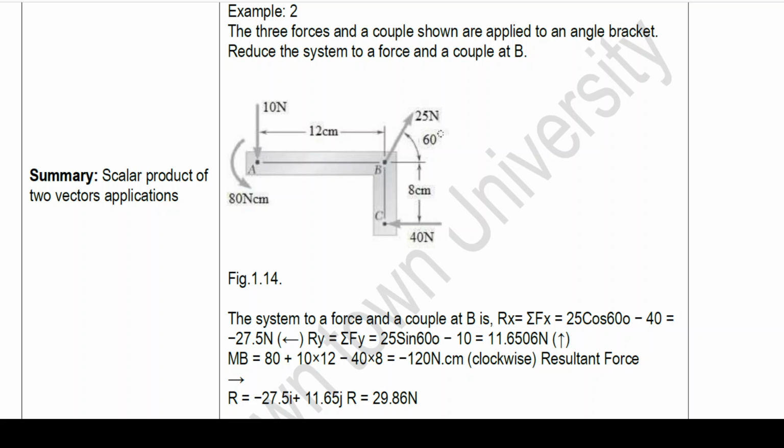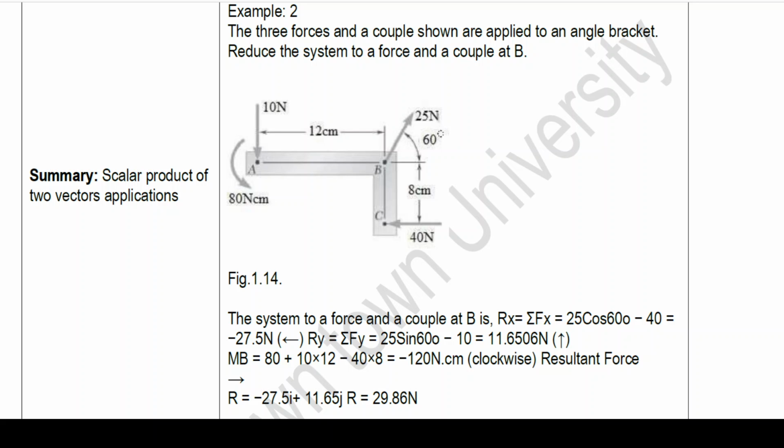Okay, so now if you see the figure, what you can see is that the system is given by three forces, right? So one is at point A, it is a 10 Newton force which is coming downwards.